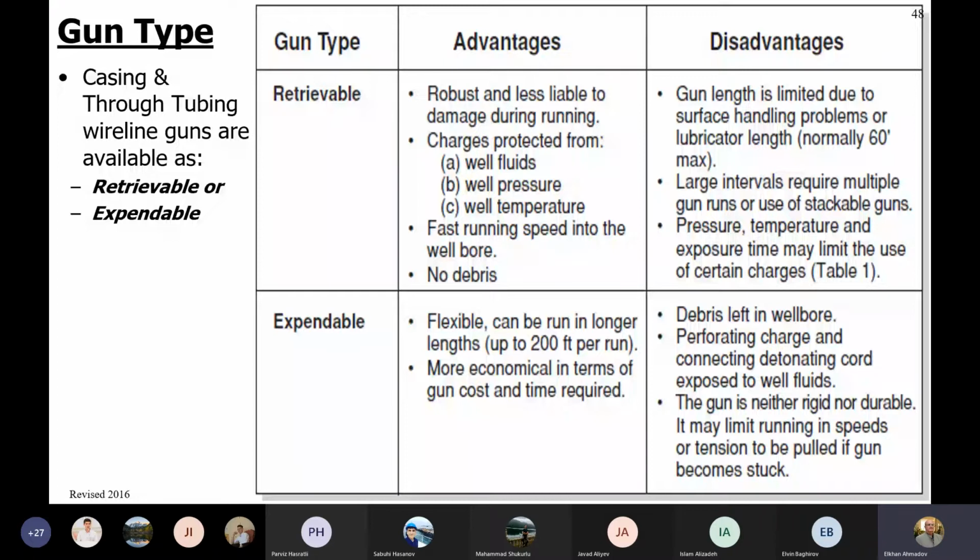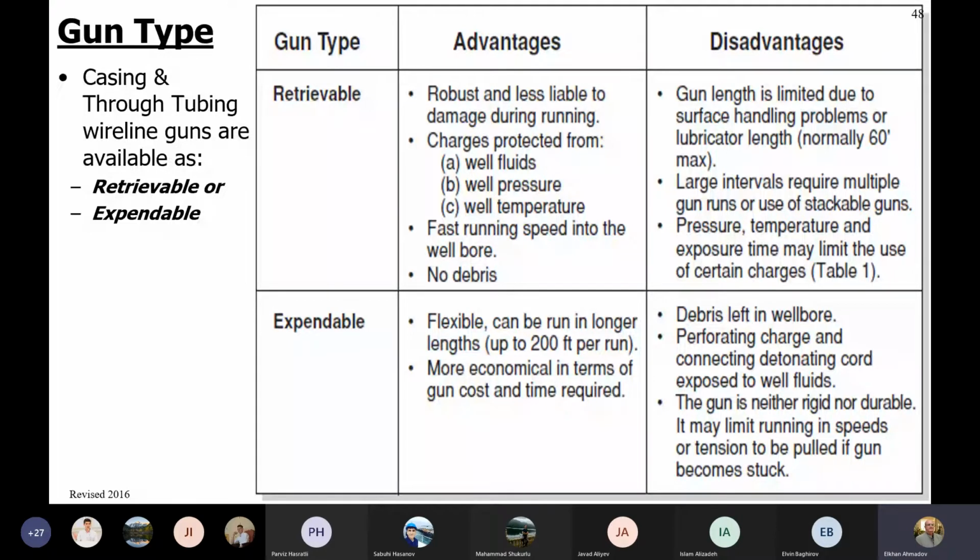It is robust and less liable to damage during running because the charge is in the hollow carrier. Fast running speed into the wellbore, again, because it is a closed pipe.